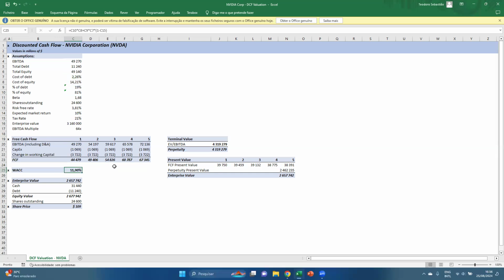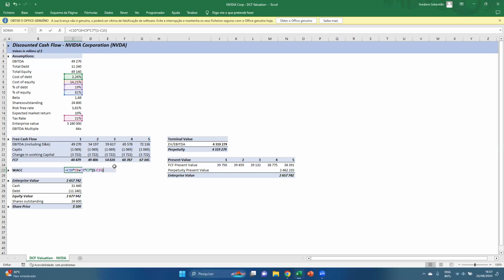First, we pick up the percentage of equity in your total capital, for both debt and equity holders, times your cost of equity, plus your percentage of debt times your cost of debt times 1 minus the tax rate, and we are going to have the weighted average cost of capital.